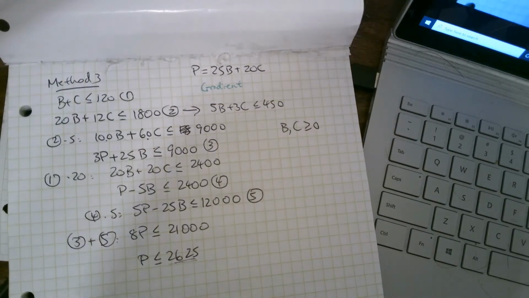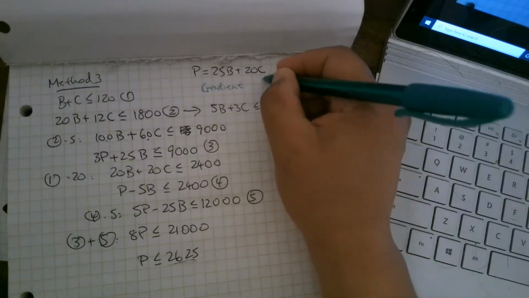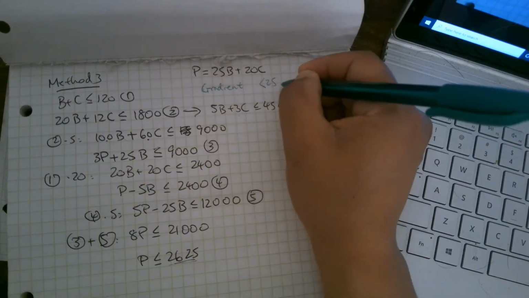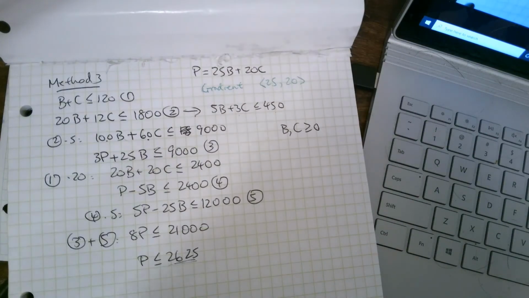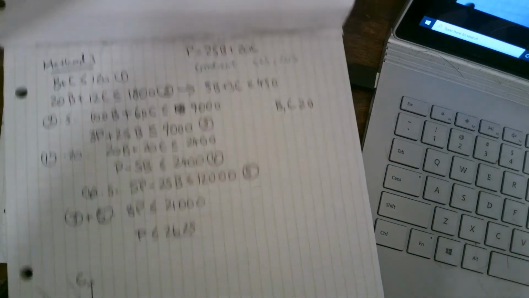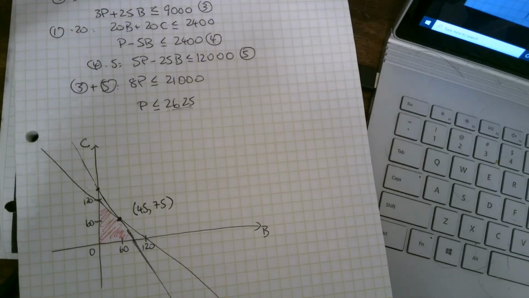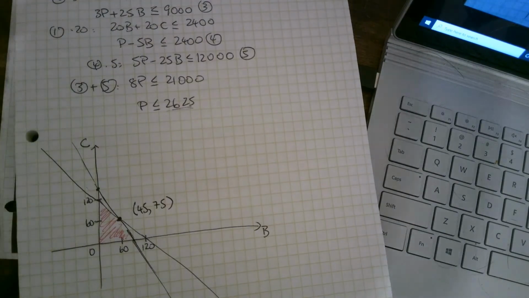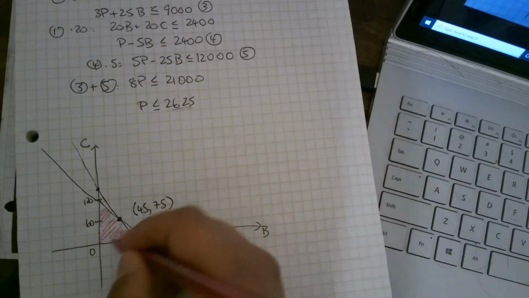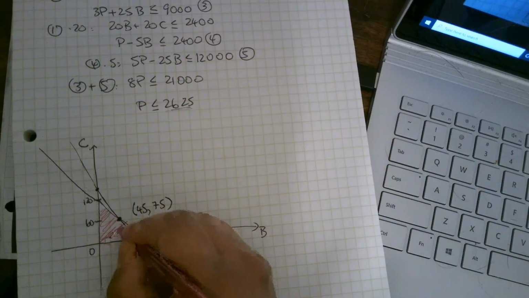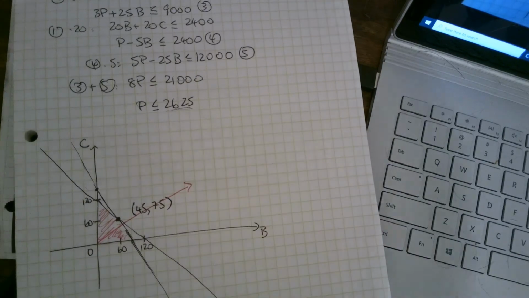And we're going to go in this direction. We're going to go 25 in the B and 20 in the C. We can write the gradient as a vector. Let's draw this vector. The x and y are almost the same, but it's a little bit more on the x. So there's that gradient vector.